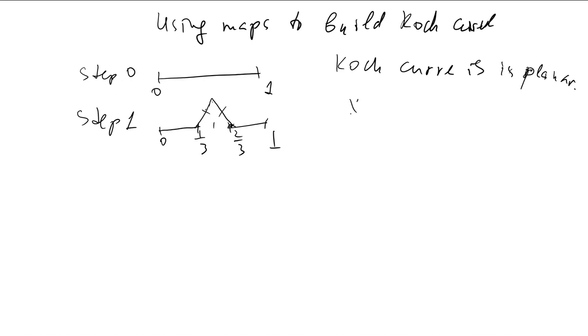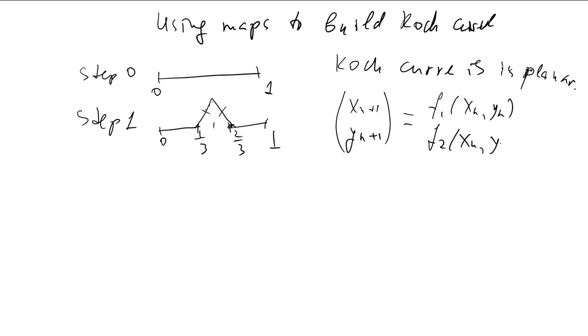So (x_{n+1}, y_{n+1}), now a point on the plane, equals some kind of function. Well, let's put it like this: f1 of (x_n, y_n), f2 of (x_n, y_n).